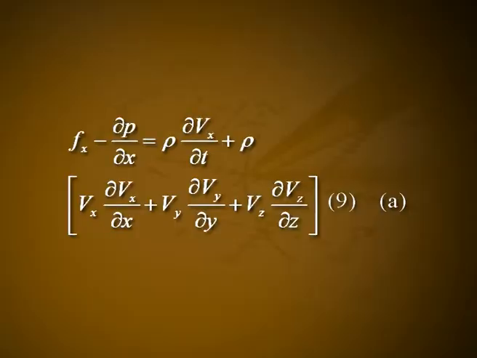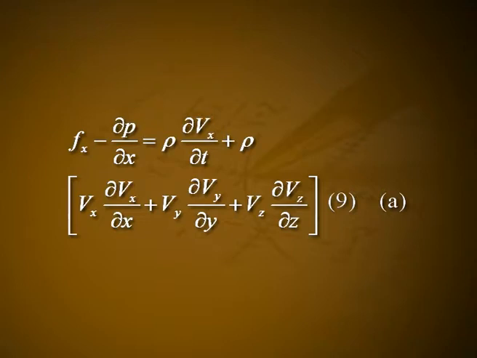From equation 7, one obtains Fx minus dou p divided by dou x is equal to rho into dou Vx divided by dou t plus rho into Vx into dou Vx divided by dou x plus Vy into dou Vy divided by dou y plus Vz into dou Vz divided by dou z.